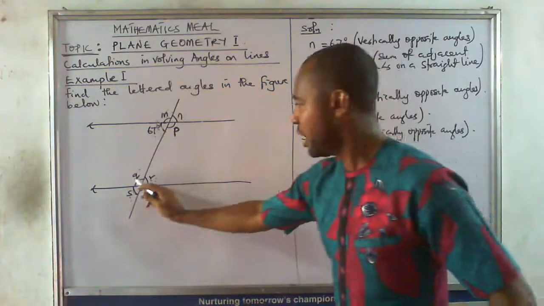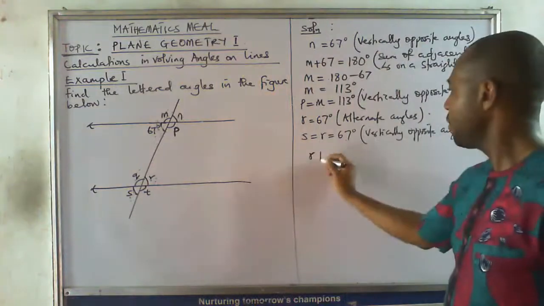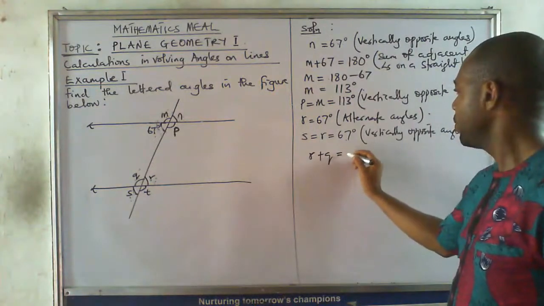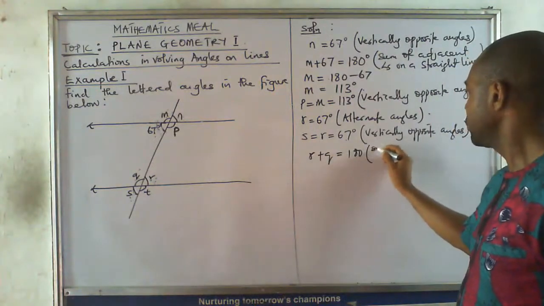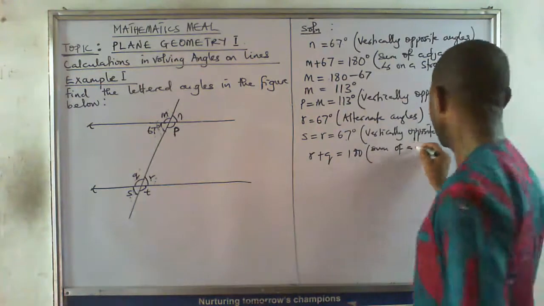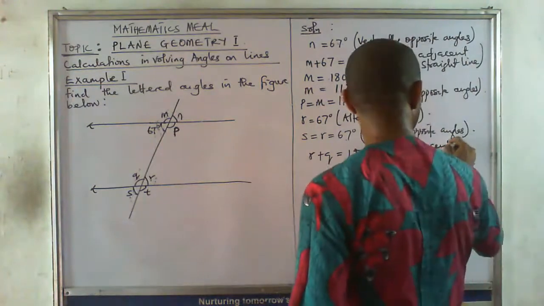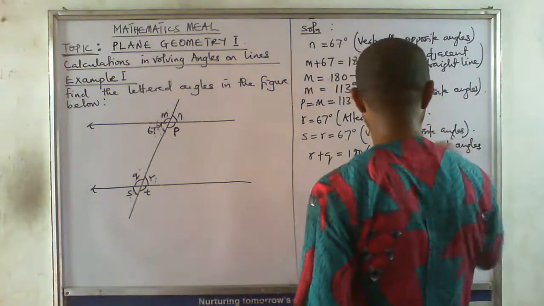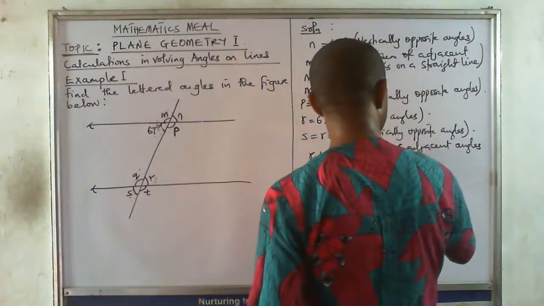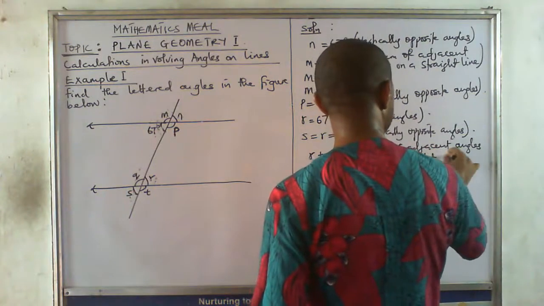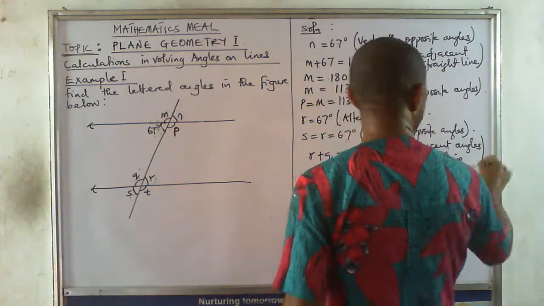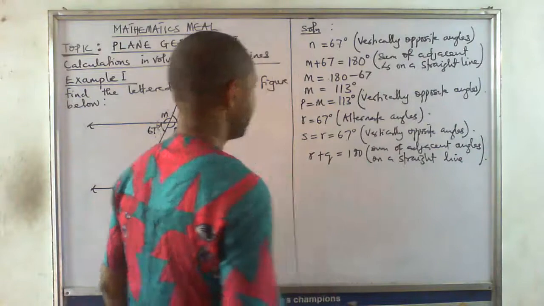But let's use R and Q. I can say that R plus Q will give me 180. Sum of adjacent angles on a straight line.